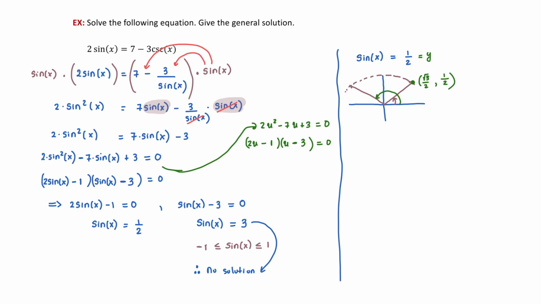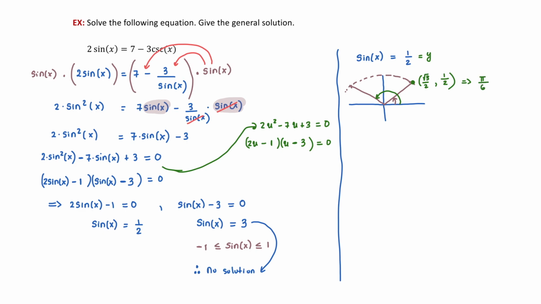Again, I am assuming that you have quite an extensive knowledge of the unit circle and these special angles and special coordinates. So then that means that this particular point will correspond to the special angle pi over 6. I'm going to write this over here, pi over 6.